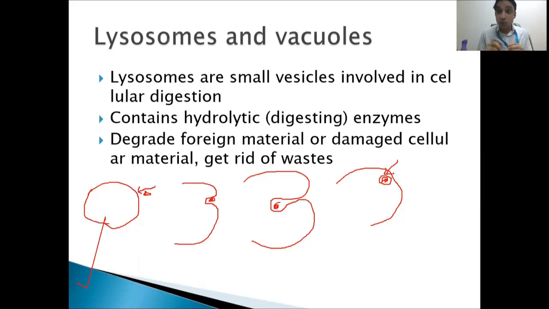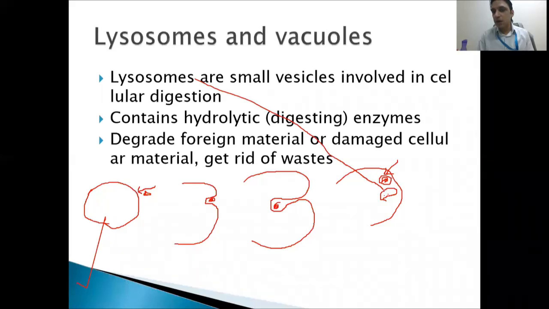It is required to be broken down, to be digested. It needs chemicals which are present where? Those chemicals are present in another vesicle, and that vesicle is called the lysosome. So this is the lysosome. It contains hydrolytic material.